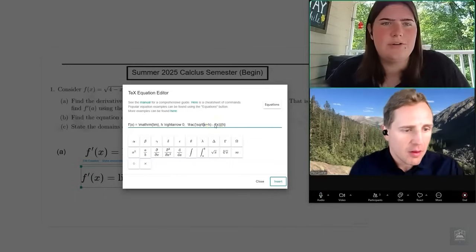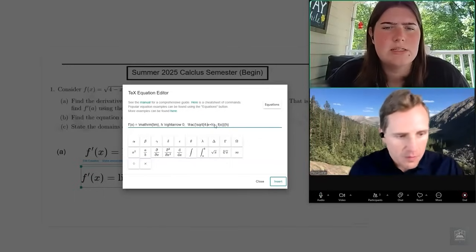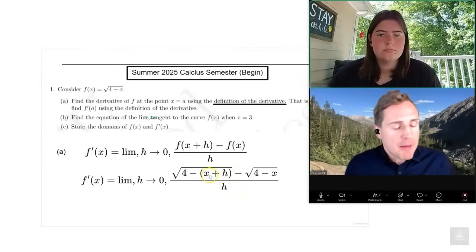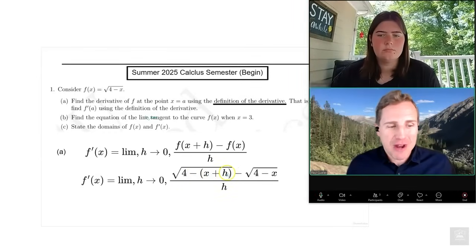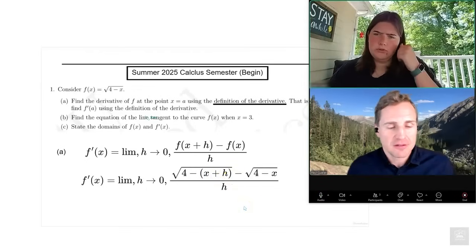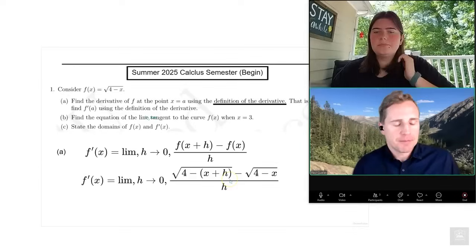First one would be square root of 4 minus x plus h. Beautiful. Minus. Exactly. Now, did you notice I used parentheses and I got a minus sign there? That's because the minus needs to what with the x plus h? Distribute. Definitely, distribute to both terms.